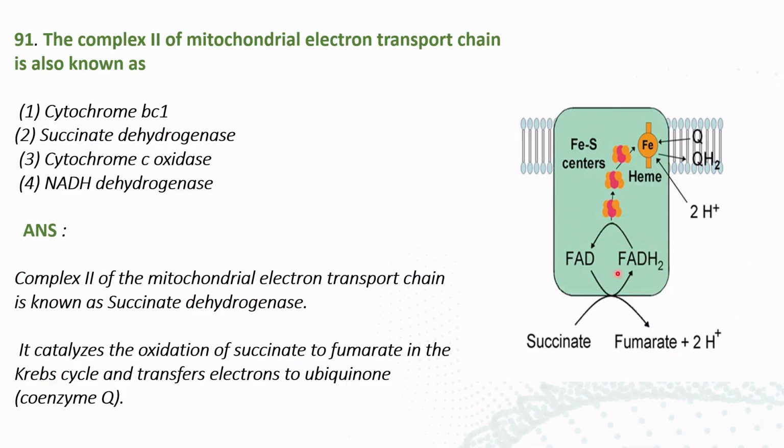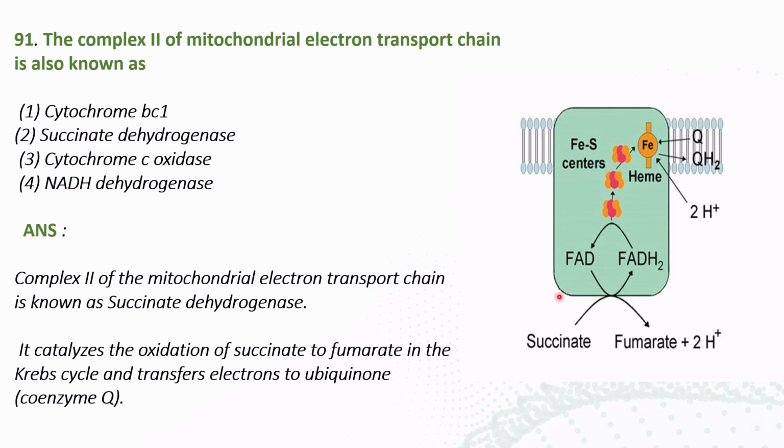Succinate is dehydrogenated, and these hydrogens are added to the FAD molecule. This is the process which takes place in complex 2 of the mitochondrial ETC.